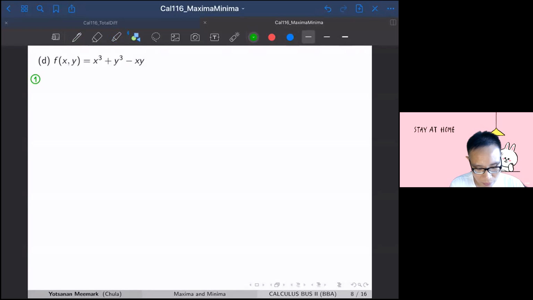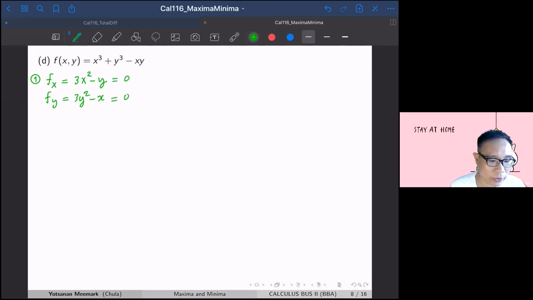The first step, you're gonna compute fx. You find the critical point by finding fx, so it's going to be 3x squared minus y, and you have fy equal to 3y squared minus x, both equal to 0.